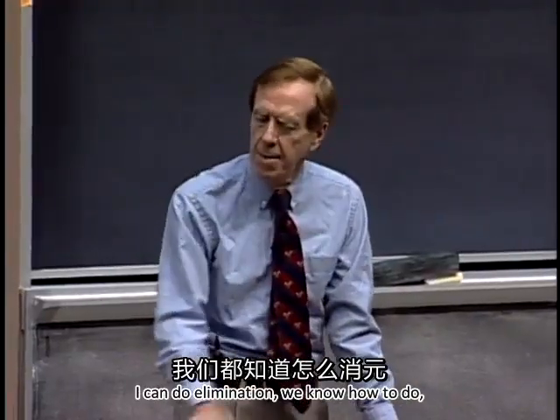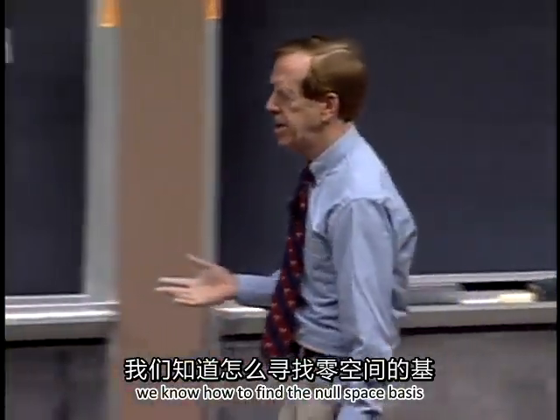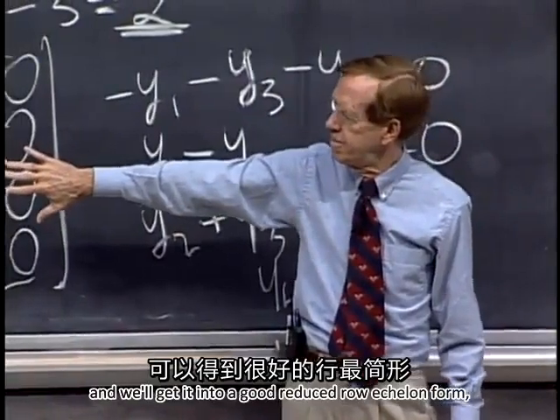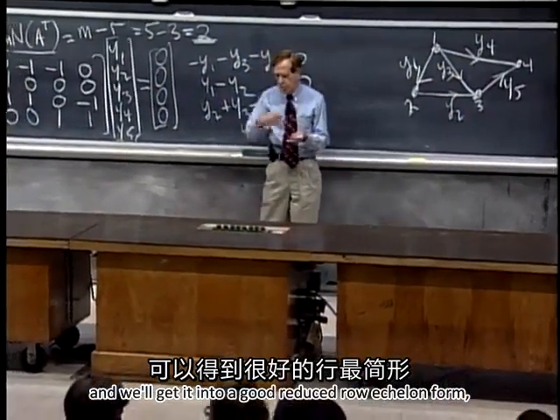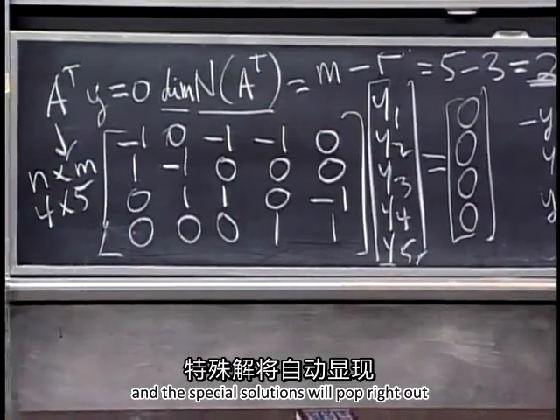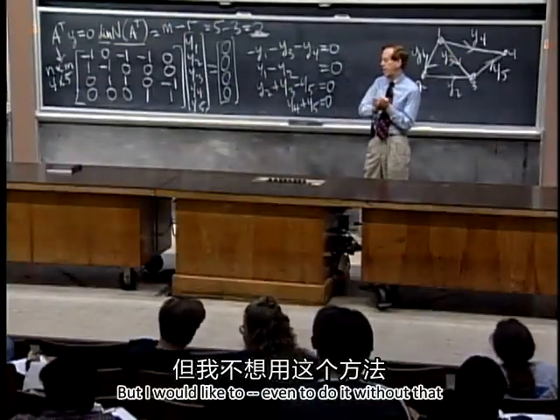I can do elimination. We know how to find a null space basis. We can do elimination on this matrix, and we'll get it into a good reduced row echelon form, and the special solutions will pop right out. But I would like to do it without that.